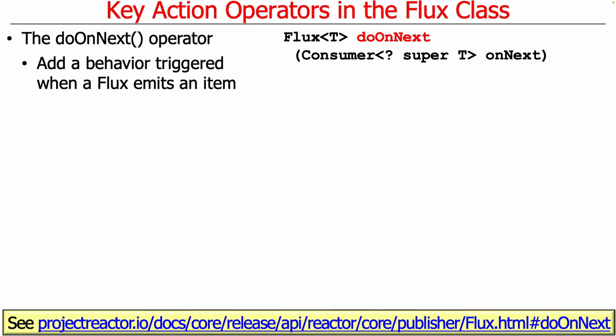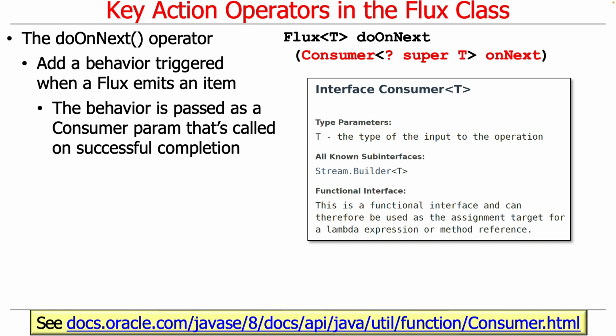What this operator does is it adds a behavior that's triggered whenever a Flux emits an item. And the behavior that will be processed whenever a Flux emits an item is passed as a consumer parameter that will be called if and only if the Flux emits an item successfully.